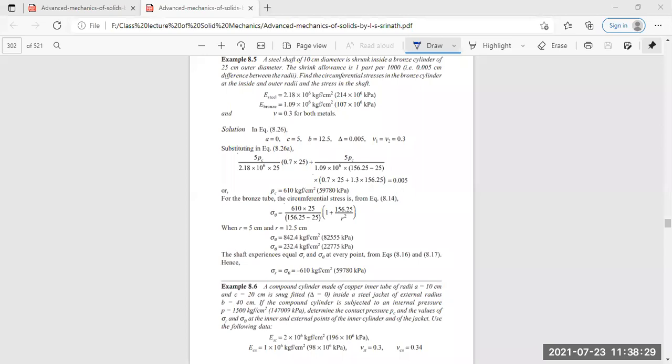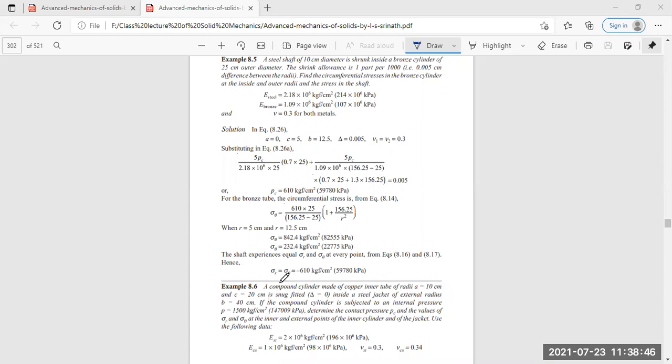Let us discuss the problem which we discussed yesterday, and afterwards we'll go for the next topics, the spherical tubes, spherical cylinders, etc.